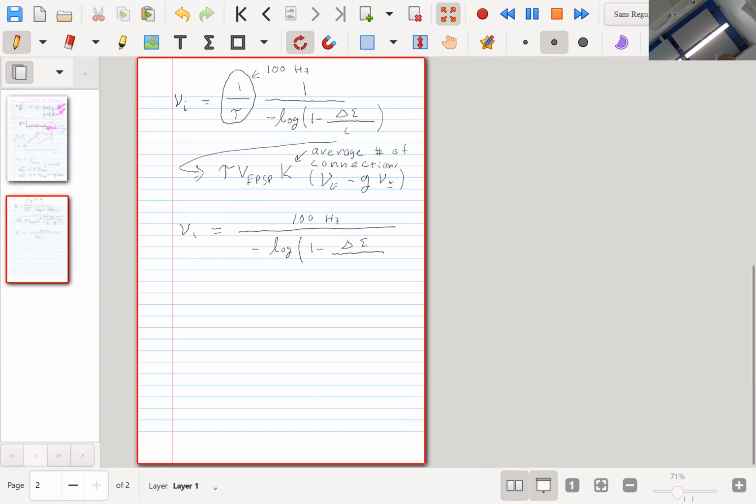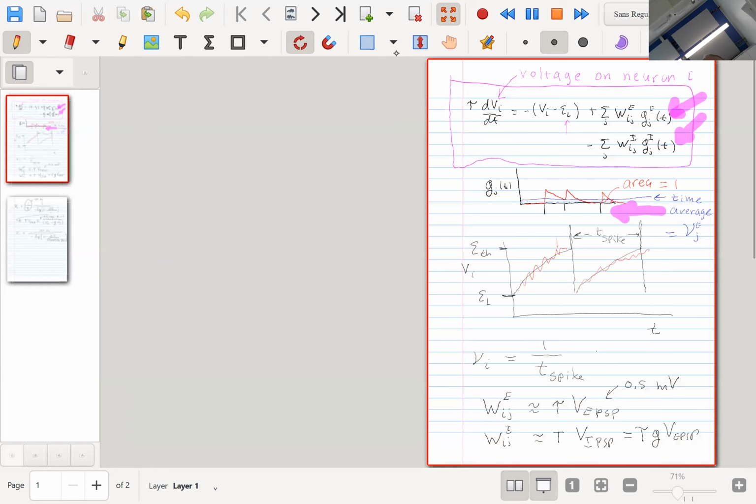Now we put all this stuff in: tau V EPSP, K nu E minus G nu I. Okay, and remember delta E is the distance from leak to threshold.